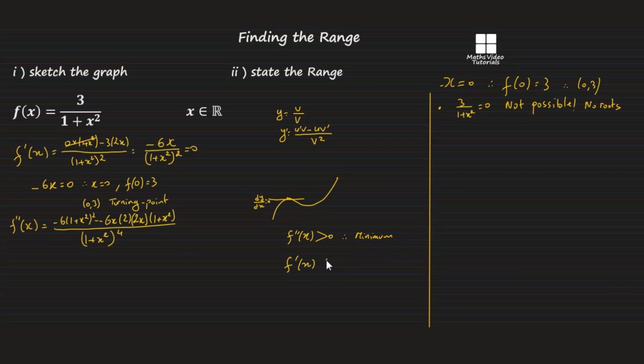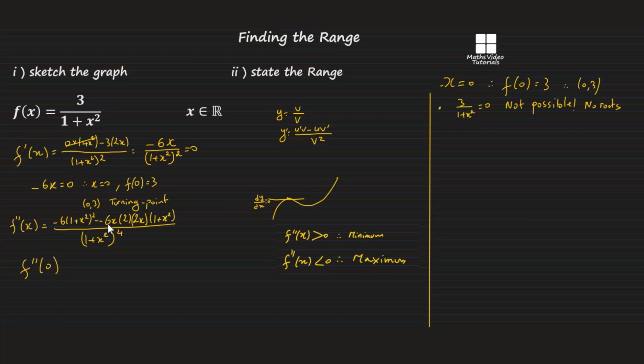If the second derivative is negative, then we're dealing with a maximum. And that's what we're trying to do here. The turning point happened at x equals 0, so we need to substitute it here. So we need to do f double dash of 0.